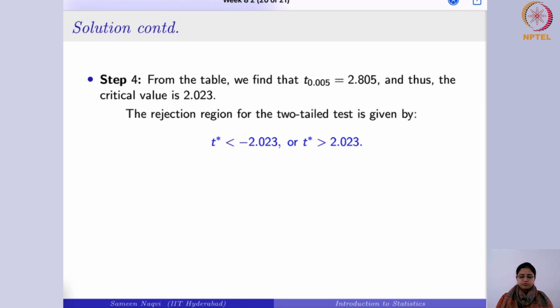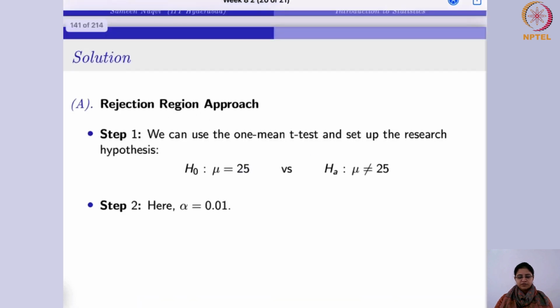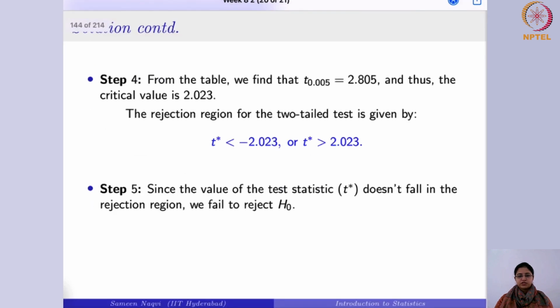Now from the table you will find that t at 0.005, because it will be t alpha by 2. Alpha is 0.01 in this case. Since alpha is 0.01, you would see that this value over here is 2.023. So the critical value is this.